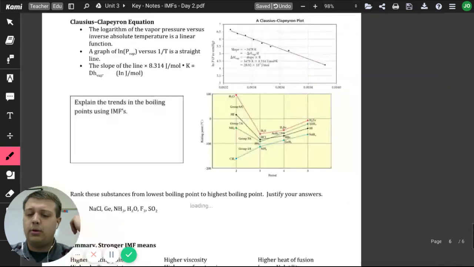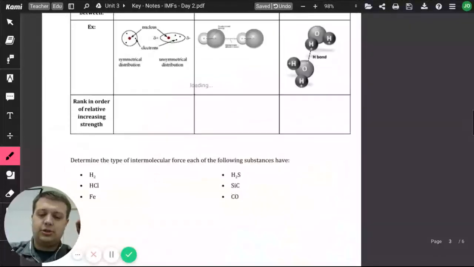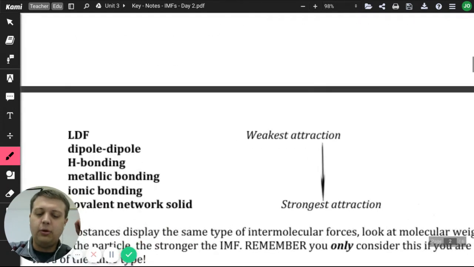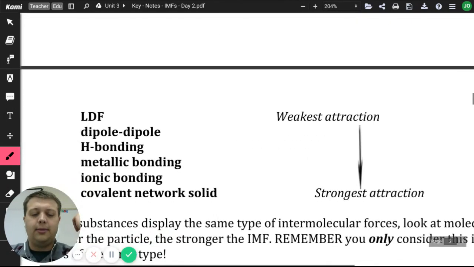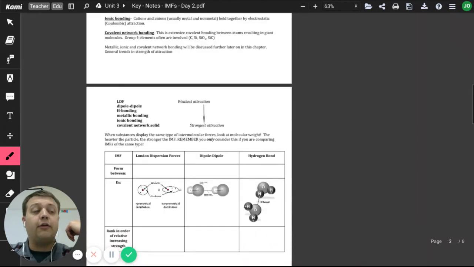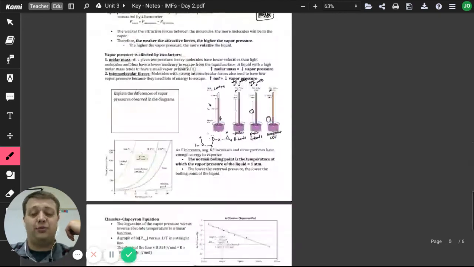Well, if you remember back at the beginning of your notes, last class, Mrs. Treese talked about what we see right here. I've got LDF, which tends to be the weakest of the attractions, then dipole-dipole, hydrogen bonding, metallic, ionic, and then covalent network solids. Okay, and we'll cover how to figure out if something's a covalent network solid in a few classes.